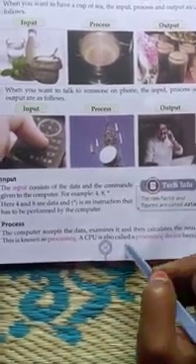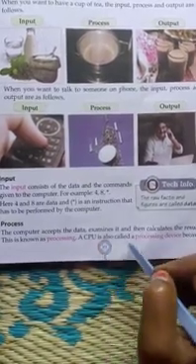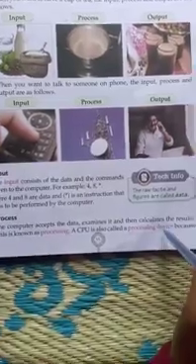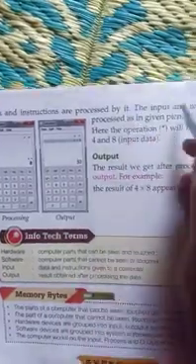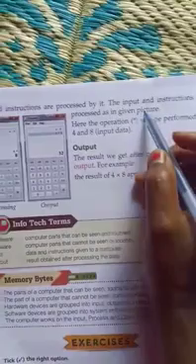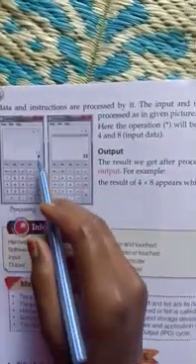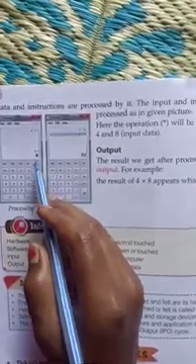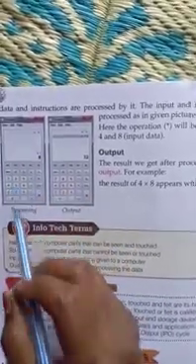You have to remember the CPU is called a processing device, because data and instructions are processed by it. The input and instruction are processed as in the given picture. Here you see 4 star 8. Here processing occurs.